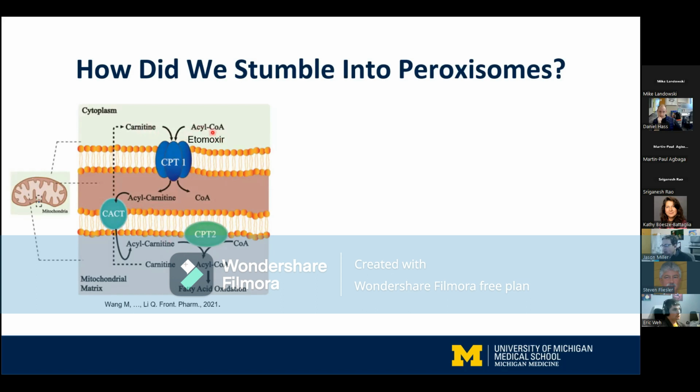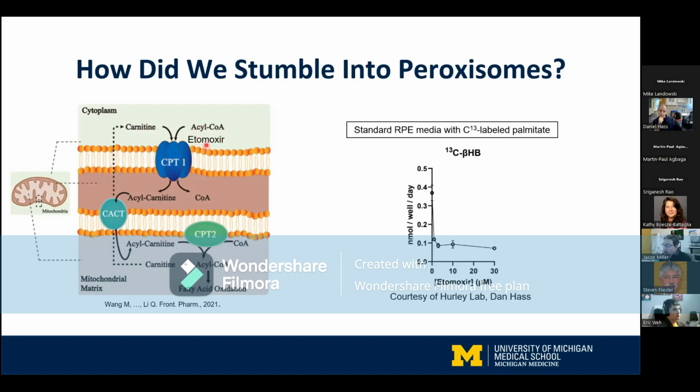I should say that Dan in Jim's lab had well shown that very low doses of etomoxir in the low micromolar range totally abrogate the conversion of C13 palmitate to a product, beta hydroxybutyrate, that has to be made through beta oxidation. So we know that at the lowest concentrations of etomoxir, we should be abrogating mitochondrial beta oxidation.